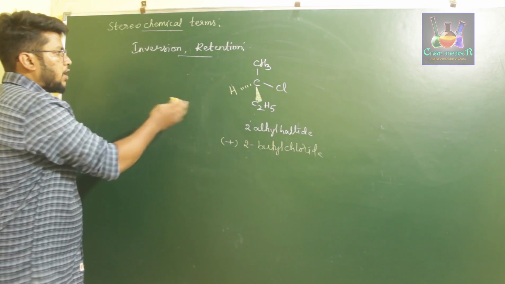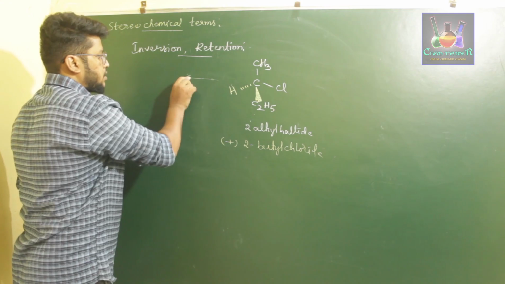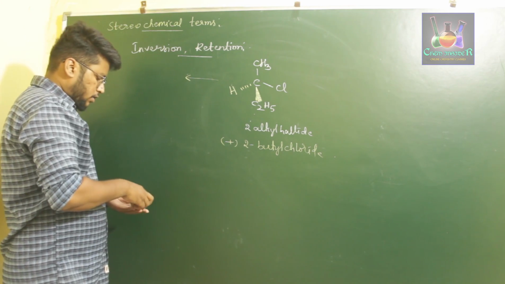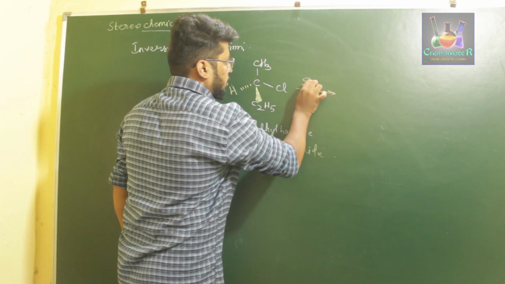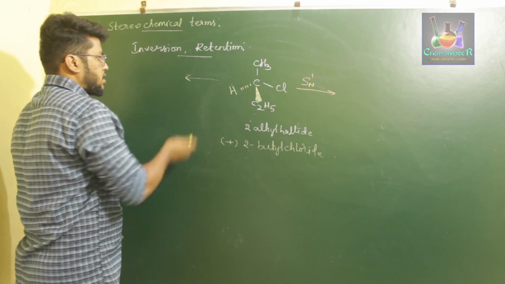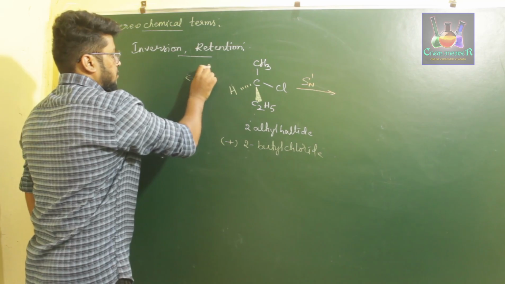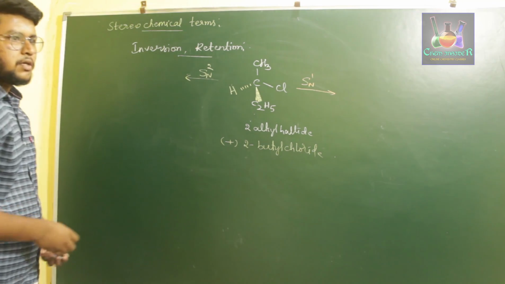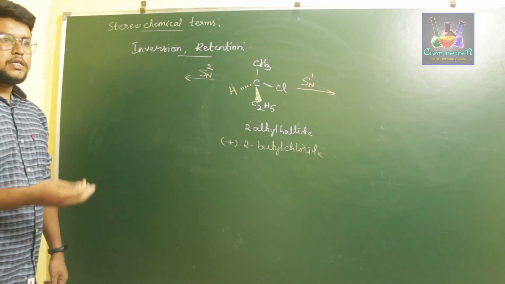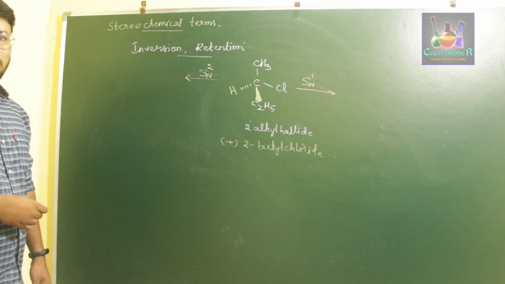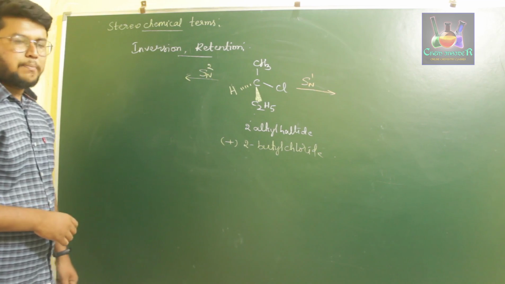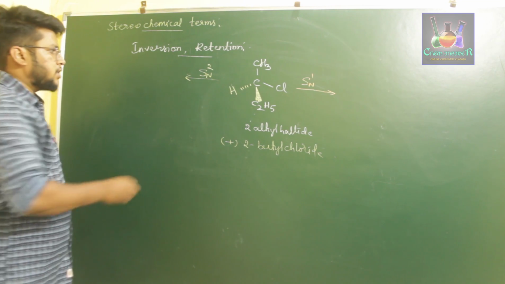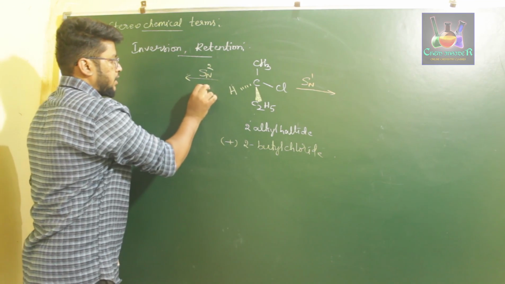Now on the left we are going to carry out the SN2 mechanism for this reaction. On the right we will be carrying out the SN1 mechanism. So SN1 over here and SN2 on this side. Now we will observe what happens for the SN1 or SN2 mechanism of this reaction. If SN2 is happening, we are adding a nucleophile, OH minus.